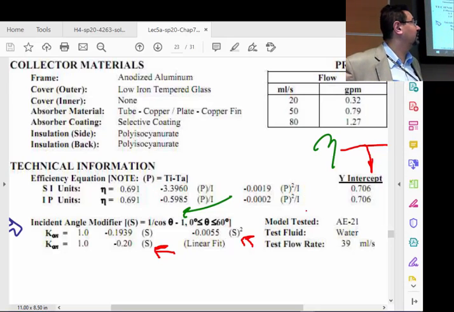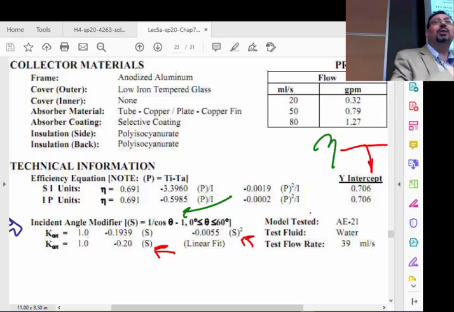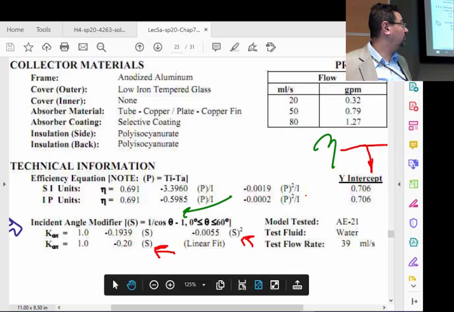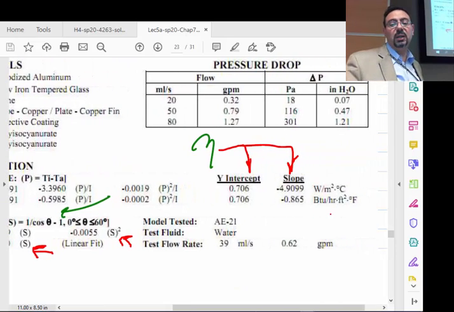Ti minus T ambient. So he's saying it should be a second order of the temperature, right? So if you want to do a great job, you do this, but if not, you will just basically use that intercept and that slope.